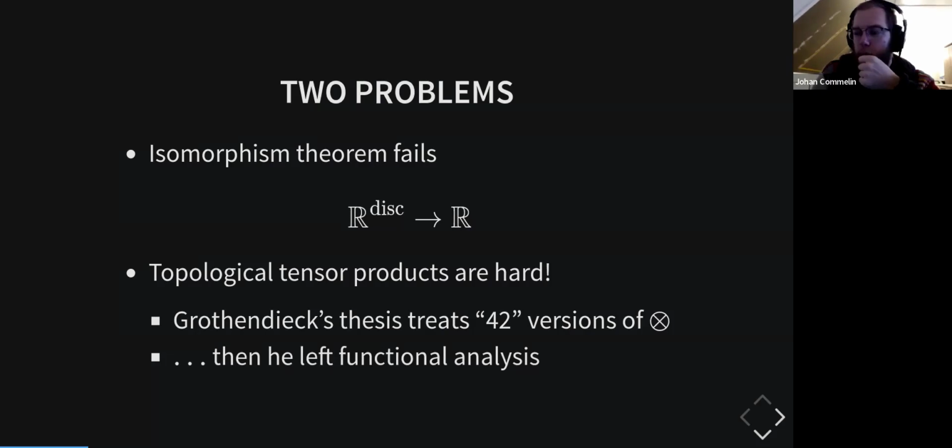And in a sort of ironic twist of history, the two inventors of condensed mathematics are going the other direction. They started working in algebra, and now they're also venturing into functional analysis, exactly tackling this point of topological tensor products being really hard. So we'll get back to that in a moment.